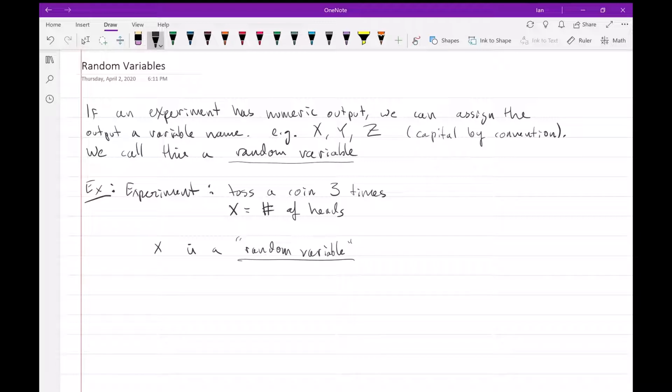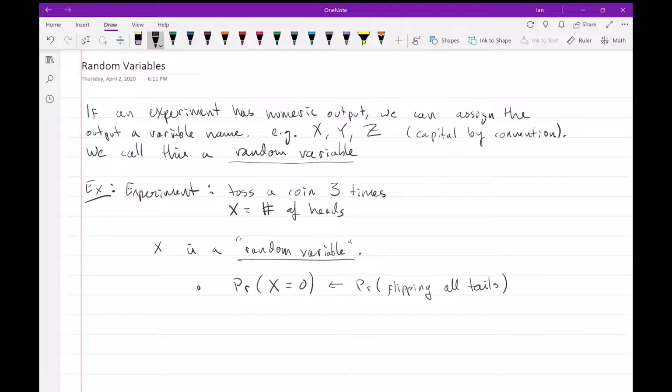And part of the reason for doing that is it makes notationally a lot easier to talk about certain things. For example, the probability of x equaling 0 is the probability that 0 heads come up when you flip the coin. So this is the probability of flipping all tails.